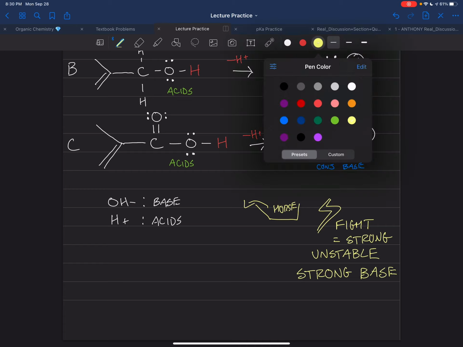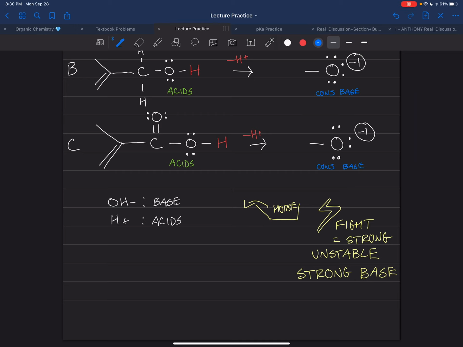If you don't have a charge, if your horse can't charge, you have no fight. Your horse is literally in the stable. You are stable, therefore you are weak. Because you have no charge, you have no fight, and these are the characteristics of a weak base.